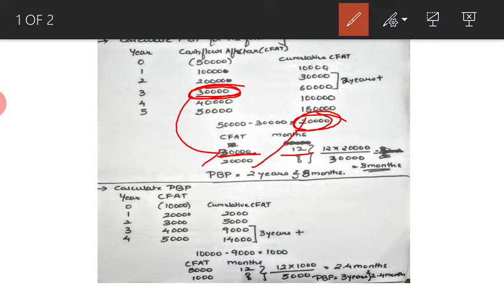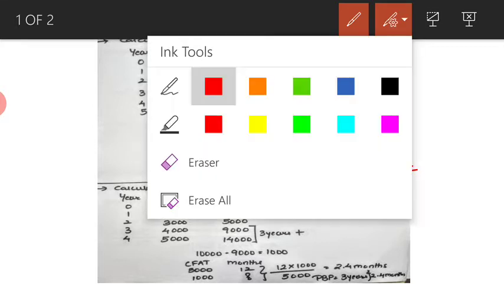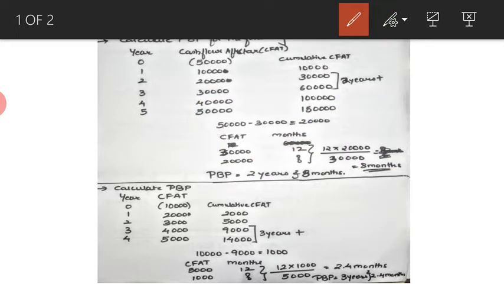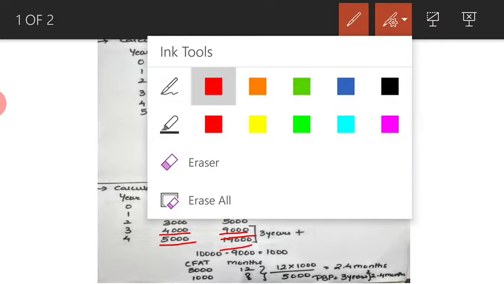So for 20,000, it is how much? Once we get this, we get the number of months. So 2 years and 8 months is your answer. Similarly, over here, 10,000 is not found here, but it lies between the third year and the fourth year. We can see it over here, third year and fourth year.